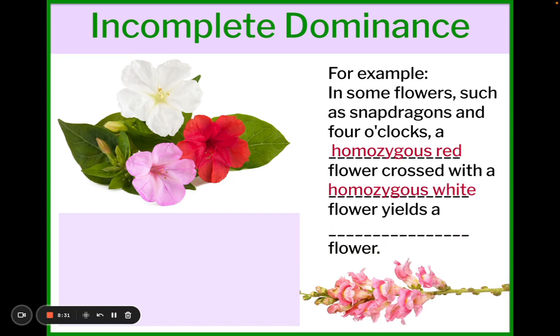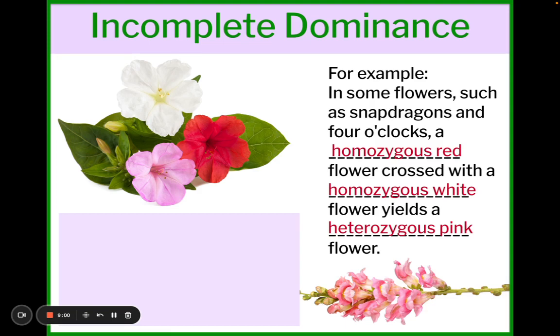So we have a homozygous red and a homozygous white. We are going to say homozygous red because remember, we don't have an allele that is dominant or recessive. We wouldn't say homozygous dominant for red because red is not dominant over white.